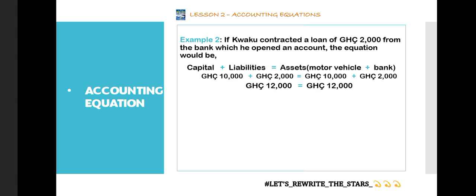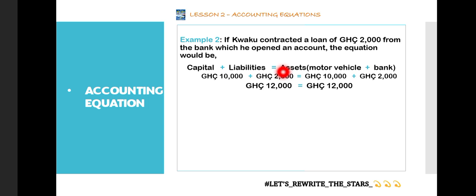So because of that, the capital, which was the motor vehicle valued at 10,000 Ghana cedis, plus the loan that he has gone for, which is the liabilities of 2,000 Ghana cedis. He didn't open the bank account in his name, but he opened it for the business. It is for the business, not for his personal use.